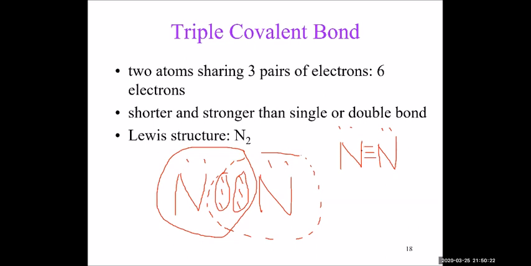So this one line roughly corresponds to this pair of electrons, and here another pair, here another pair. So there are 3 pairs of electrons. That's where the 3 lines come from.